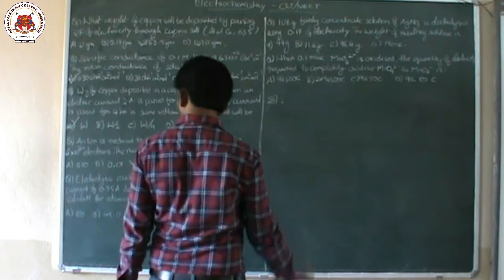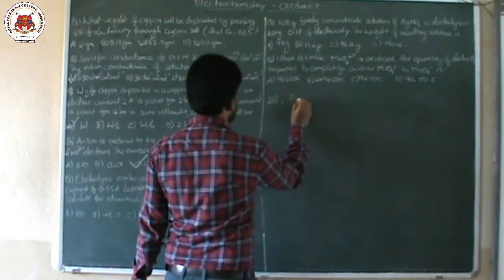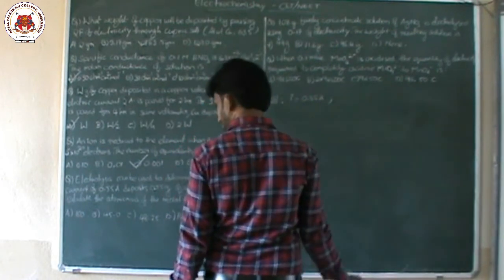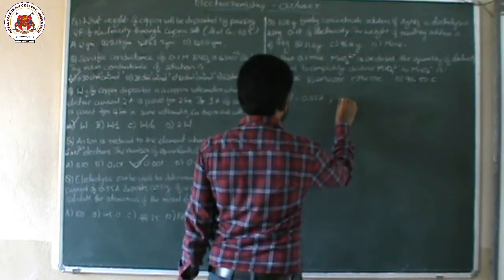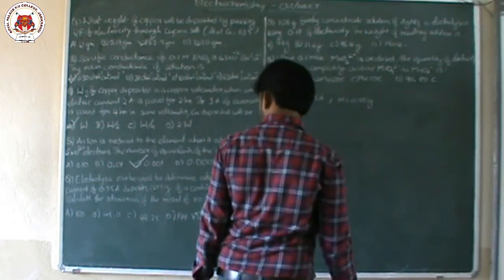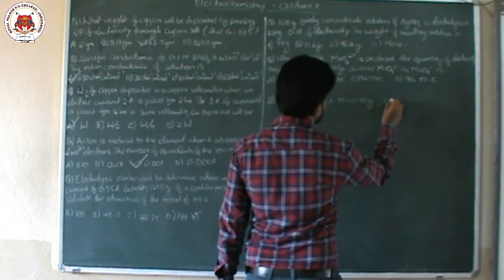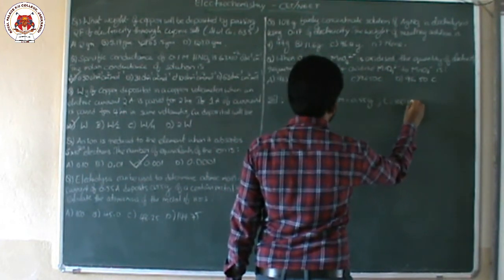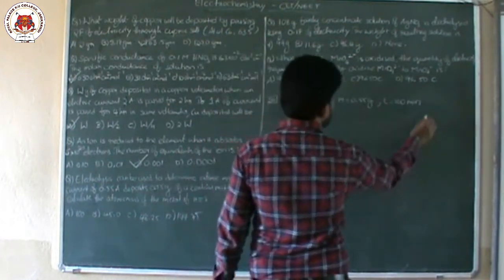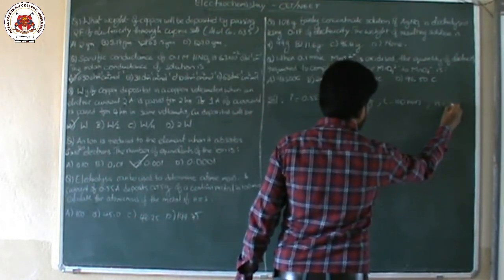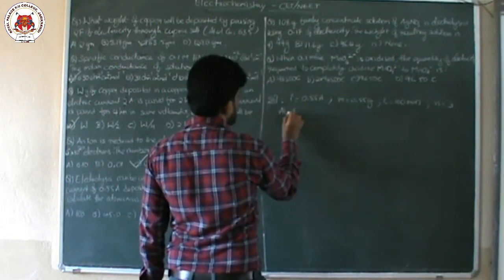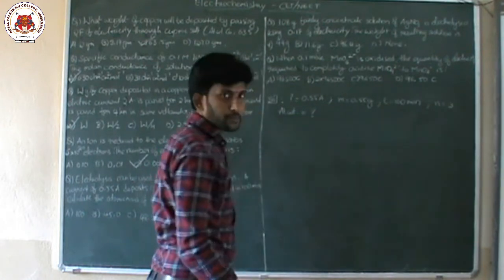Given current is 0.55 amperes, mass of the substance is 0.55 grams, and time is 100 minutes. They want the atomic mass of the metal if n is equal to 3.